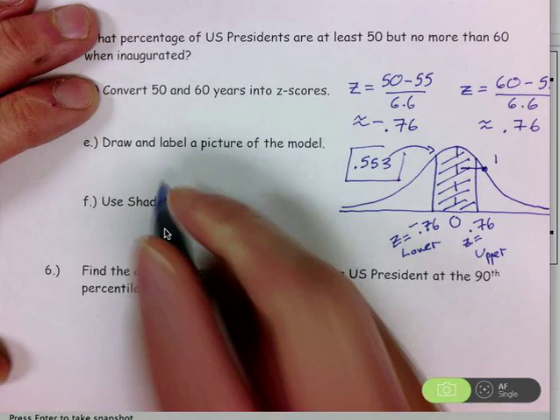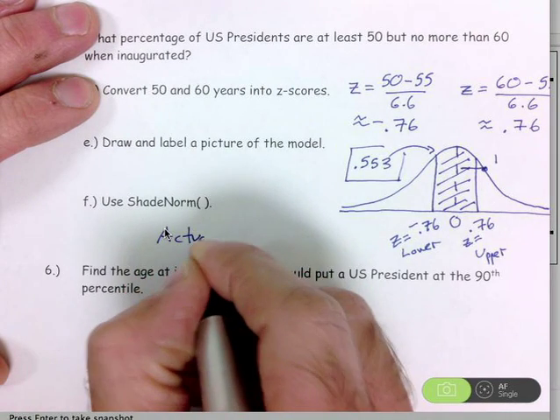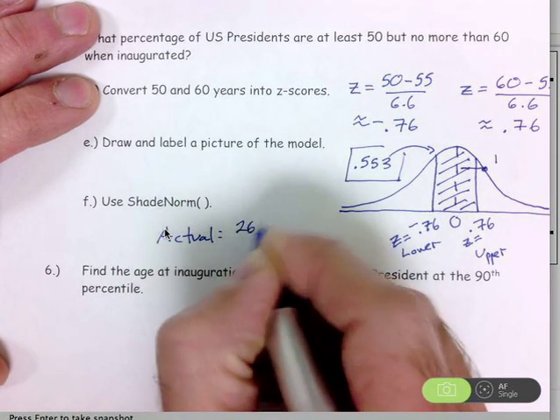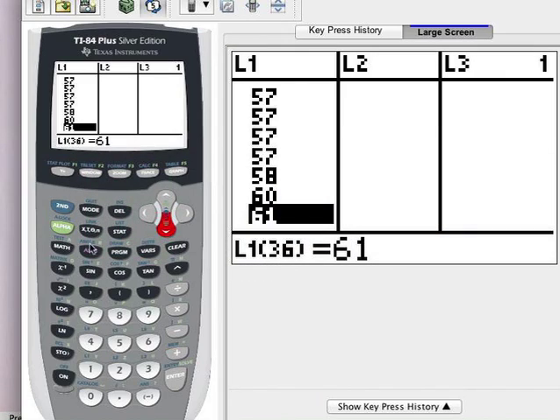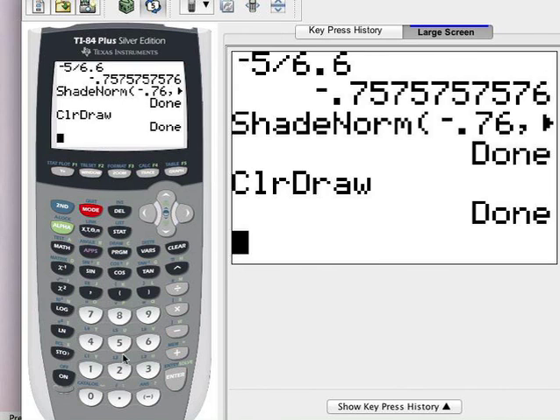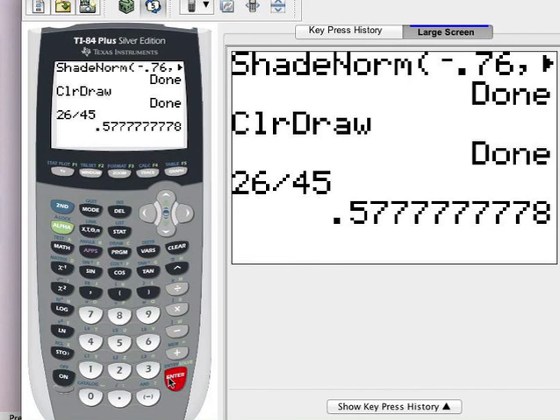26 out of 45. Let's see what that actual percentage is. Go to the home screen. We're only doing this to see how good the model is. 26 out of 45 is 0.578. So again, not bad.